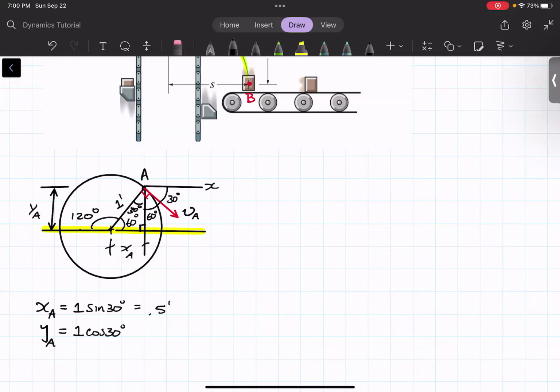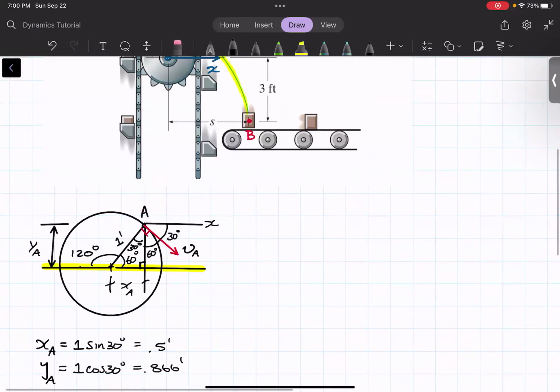That gives 0.5 feet and 0.866 feet. So we got the coordinates of A.